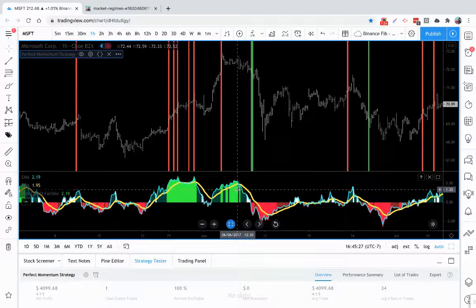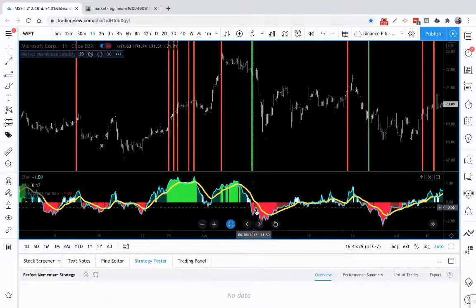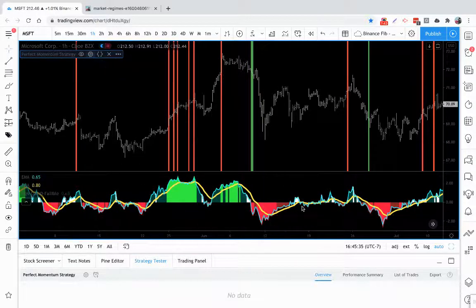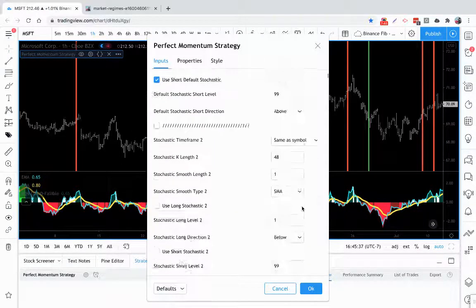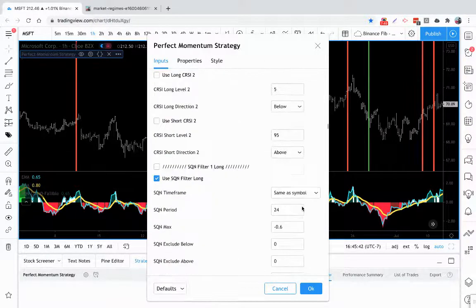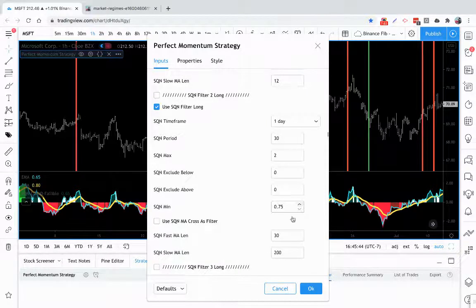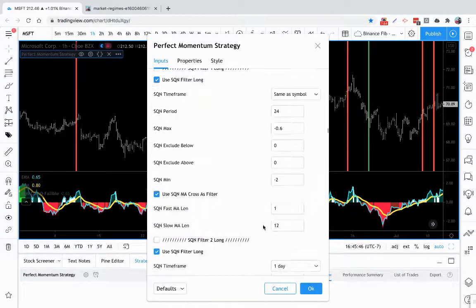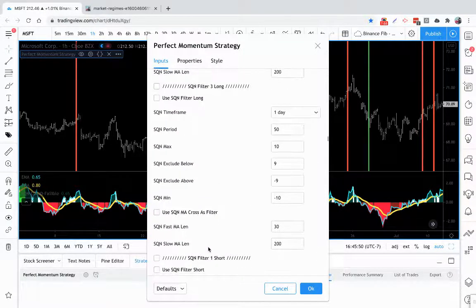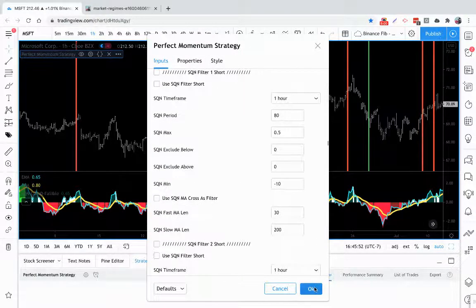Now when we have that setting, we will only enter those market regimes when it is crossing beneath. And you have a market regime moving average cross for each of the 3 market regimes. So you have one for your first long, your second long, and your third long, and the same thing for all the shorts.